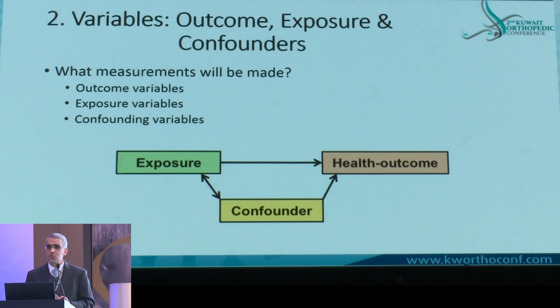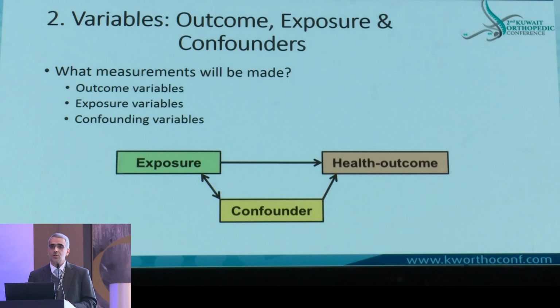Do you have a main exposure of interest, a main intervention that you would like to evaluate, and how will you assess your exposure variable? And third, there are confounding variables, the third type of variables. By definition, they are associated with the health outcome and at the same time related to the exposure you would like to study.